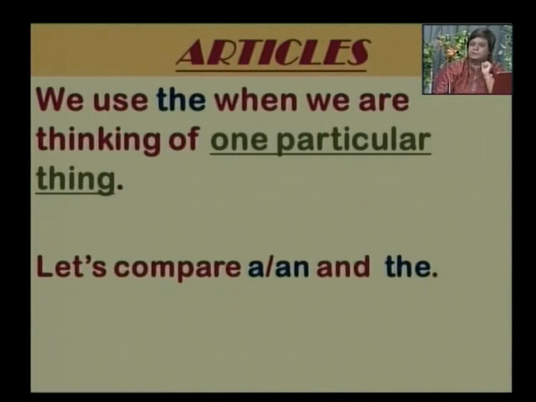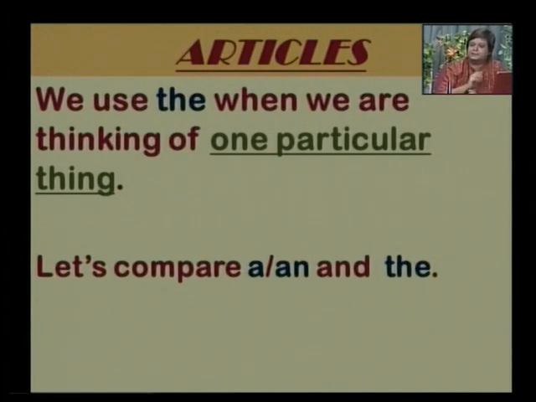We have to keep this in mind. A class full of students. 60 boys are sitting in a class. In your class too there may be 60, 70, 100 students. If the teacher sends one student out of all of them to bring chalk, he becomes a particular student. Because he becomes a particular student, which article will we use for him? We will use the article the.